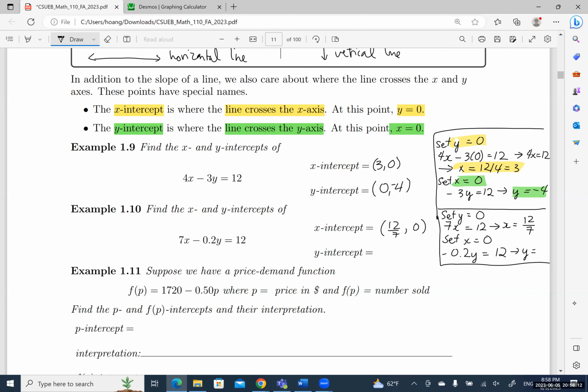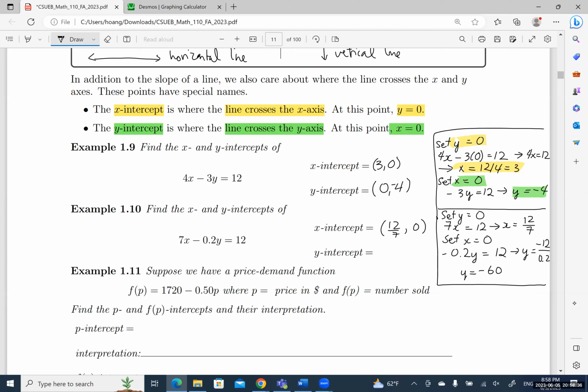I'm gonna have to have more space. So negative 12 divided by 0.2. So I'm gonna have y equal to negative 12 divided by 0.2. You can use the calculators and get negative 60.